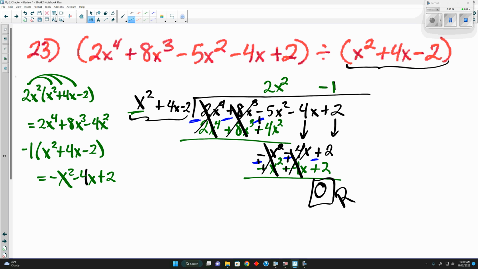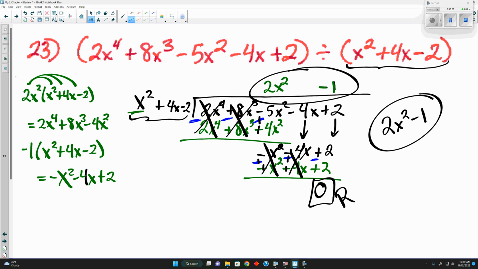So the remainder here is 0, so this here is our solution, which tells us the solution is 2x squared minus 1. Questions on this here? Be ready for the next one.